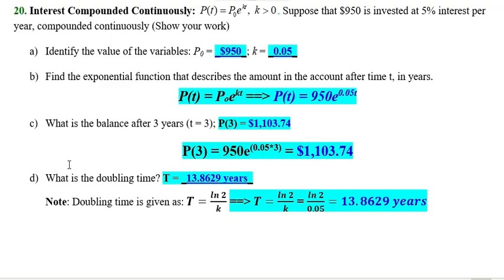So that means whether the money is growing quarterly or semi-annually or monthly or yearly or daily or continuously, the difference is extremely small. So if you invest 950 in the bank, if it is quarterly, it is 1,102. If it is continuously, it is 1,103, which is you get only $1 more.